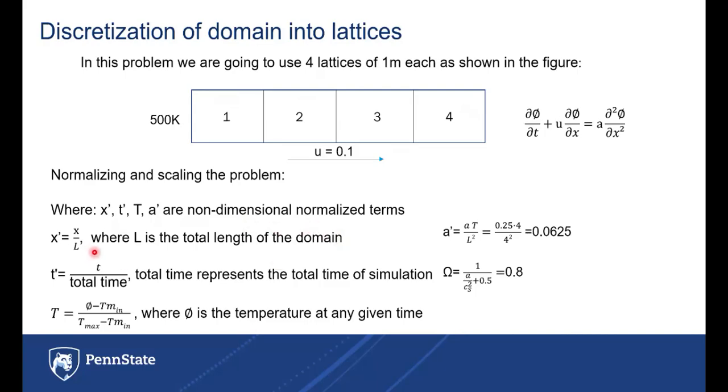X pre stands for the length of the domain, the T pre means the total non-dimensional time, and the capital T means the temperature at any given time.